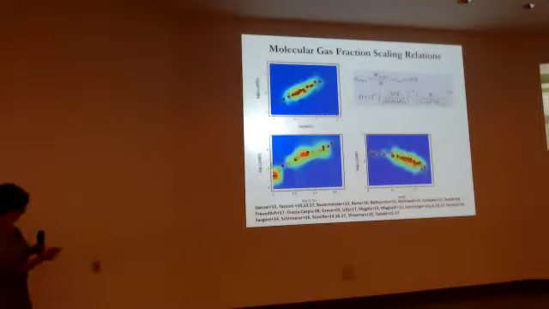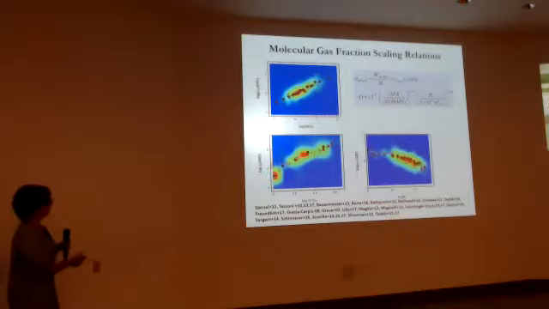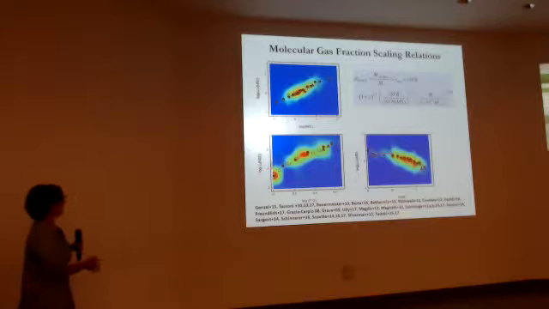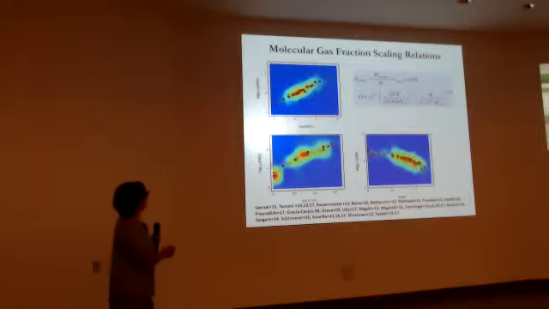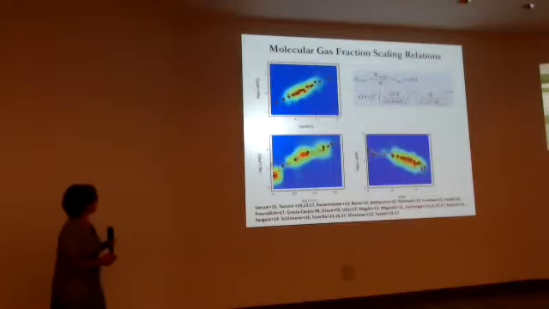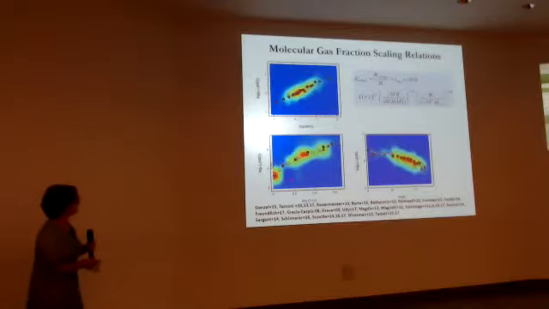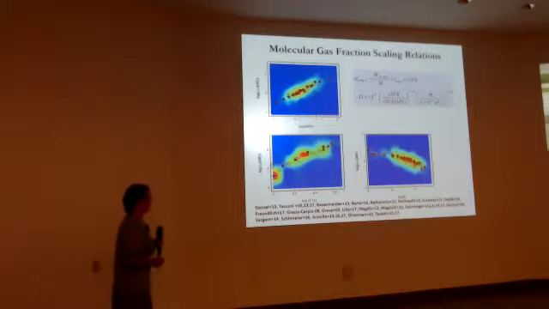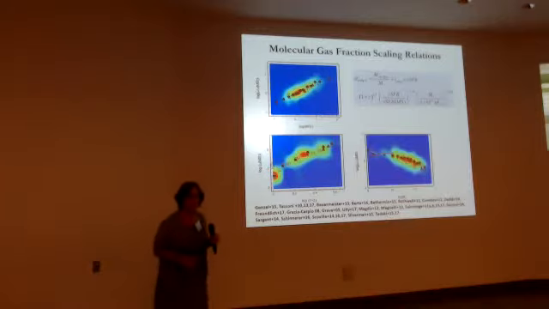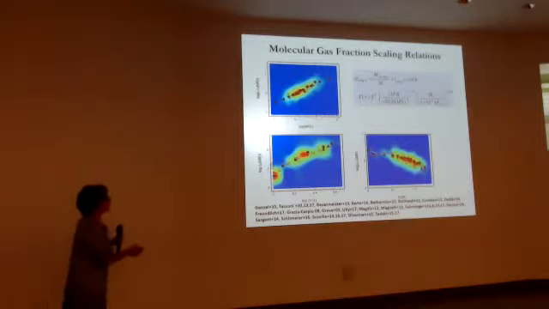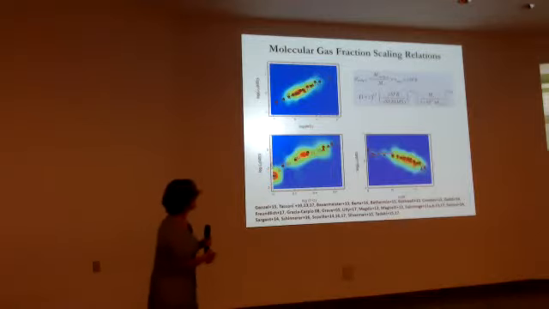You first see that the redshift dependence is a well-known relation by now, which is roughly to the 2.5 power with redshift, where typical galaxies at redshift 0 have molecular gas fractions on the order of 10%, and a typical redshift 2 galaxy is about half molecular gas.